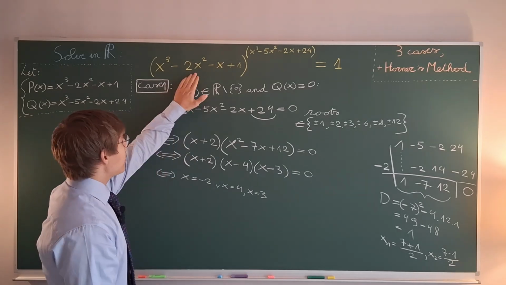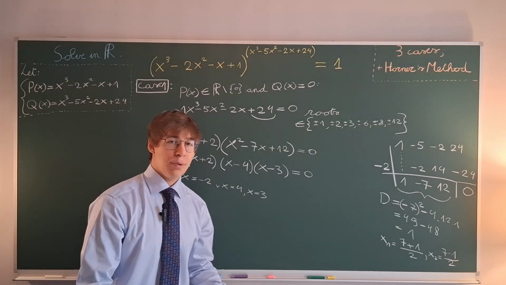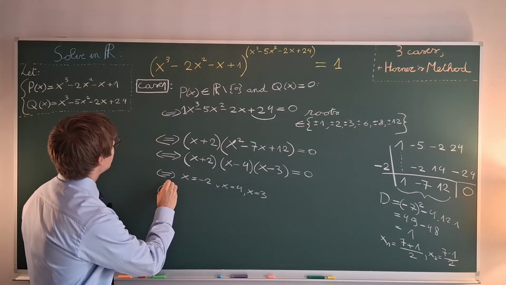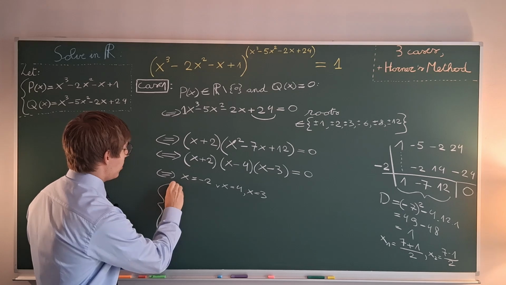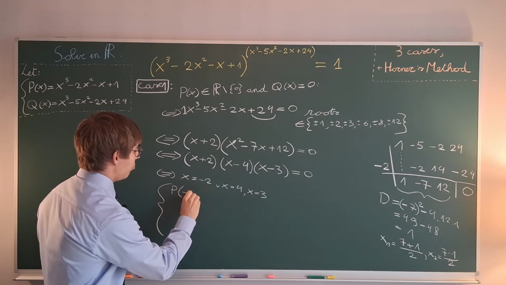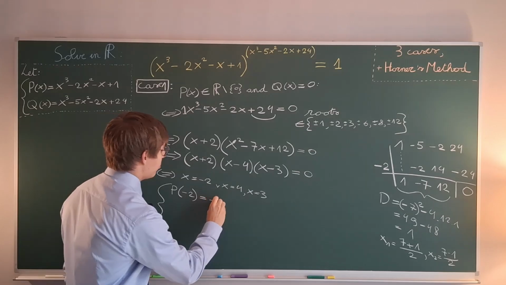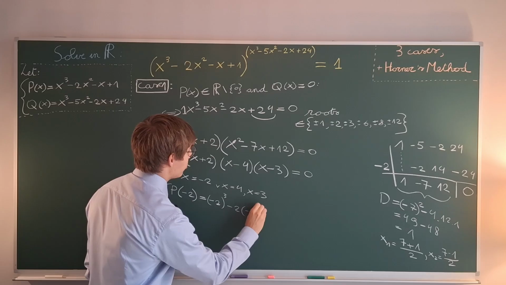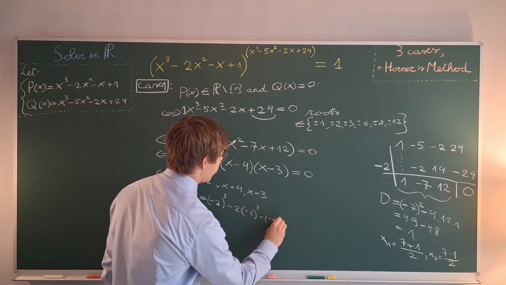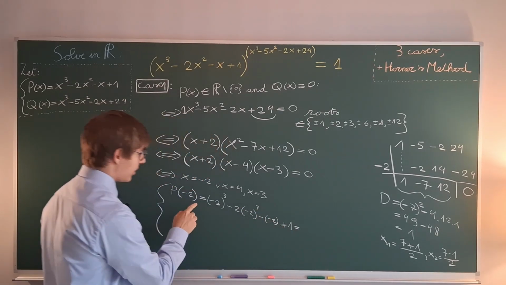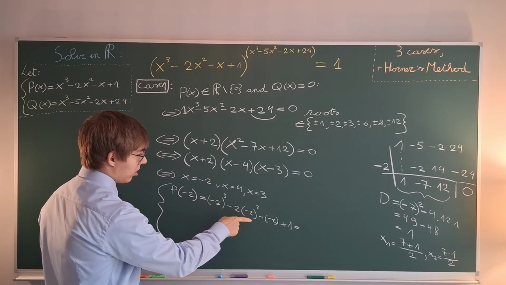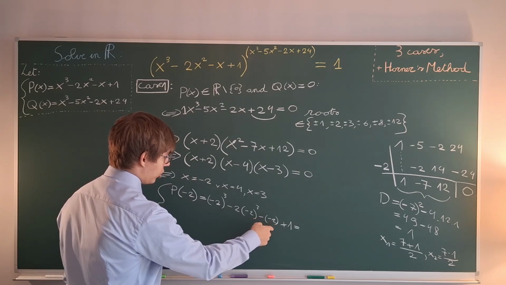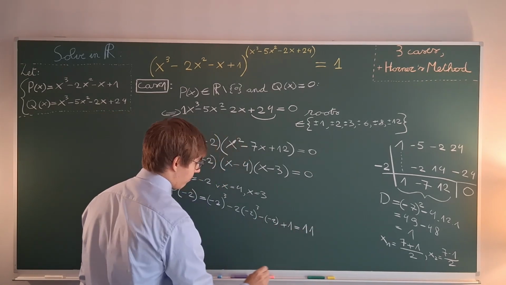But now we have to check that the base evaluated at these 3 values isn't equal to 0. So let's check that. So p of minus 2 is equal to minus 2 cubed minus 2 times minus 2 squared minus minus 2 plus 1, which is minus 8 plus 16, which is 8, plus 2, which is 10, which gives 11.